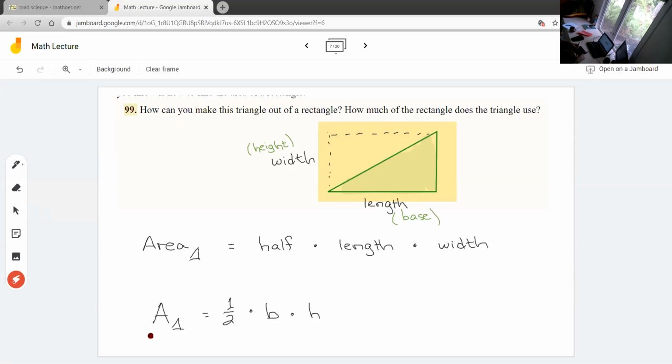So if you have seen this formula, this is all it means: when I have a triangle, it's half of the rectangle that contains it. If you are using a calculator, you might like the version that says the area of a triangle is base times height divided by 2, because it's easier to divide by 2 than to multiply by a fraction.